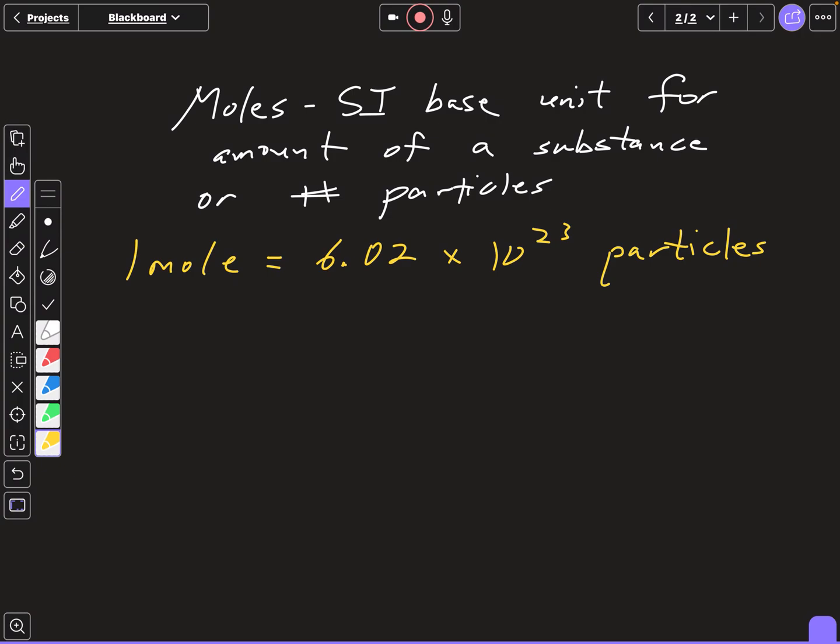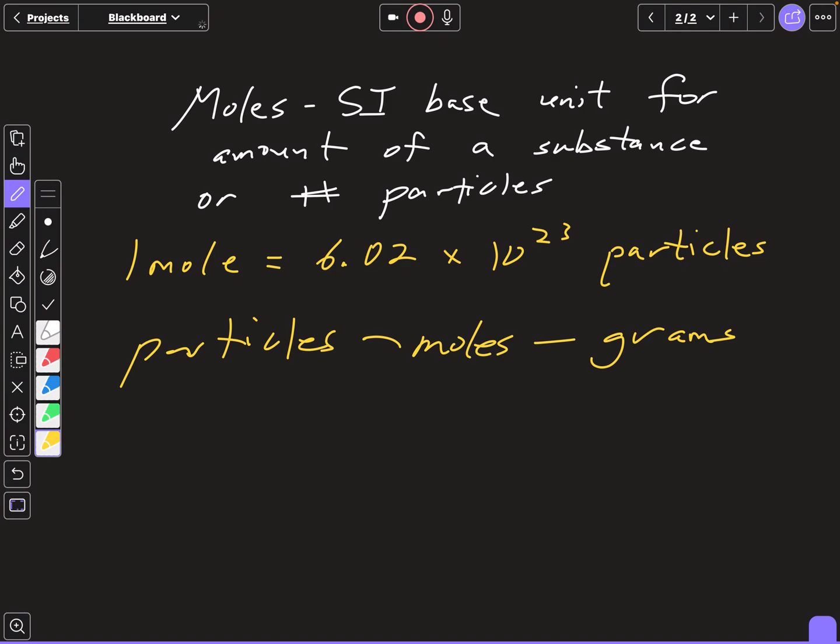A mole, if we're talking about particles or numbers of molecules, bridges the gap between particles, counting them out, and grams. Now, moles we cannot weigh out on an electronic balance because 1 mole of each substance is different. A mole of carbon dioxide weighs a different amount than a mole of sodium chloride.